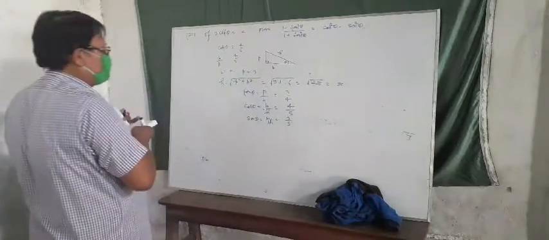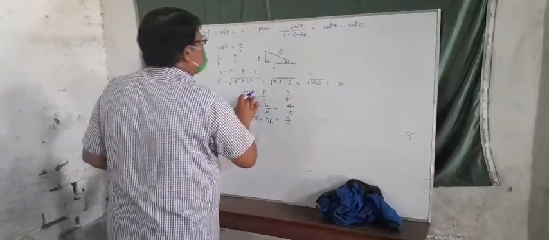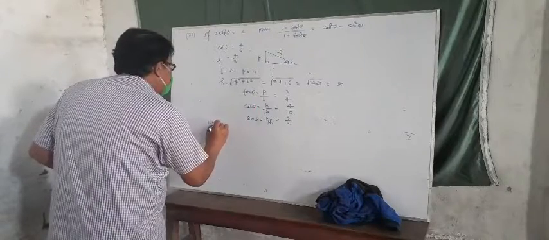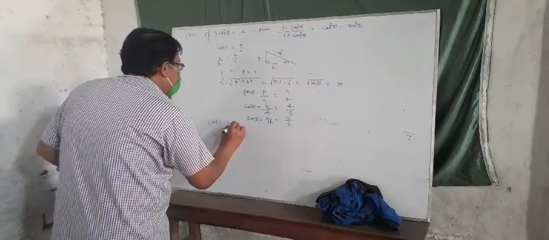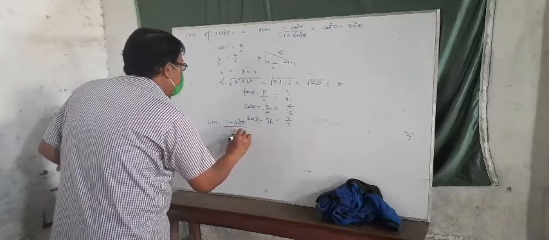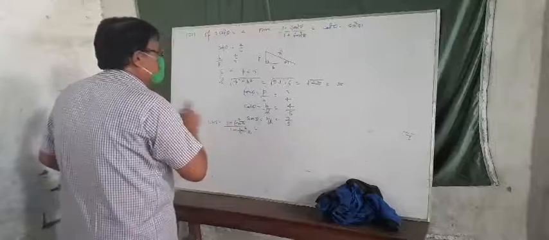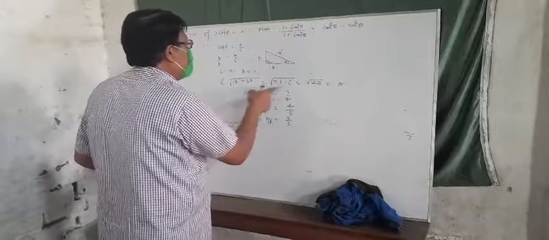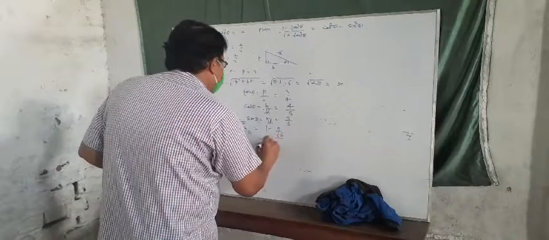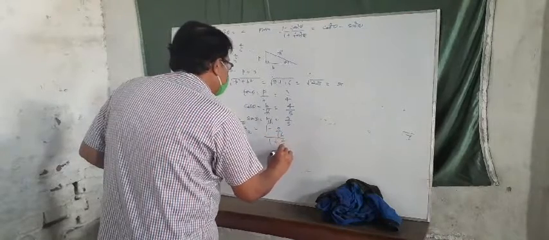Now we will put the value of tan theta in LHS. This is LHS: 1 minus tan square theta upon 1 plus tan square theta. The value of tan theta is 3 by 4. So 1 minus 9 upon 16, over 1 plus 9 upon 16.